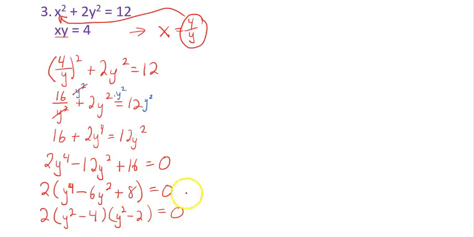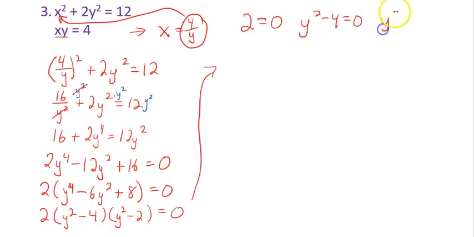Okay, I'm still trying to solve, so I'm going to come up here with my work and have 2, y squared minus 4, y squared minus 2. I can actually set each thing equal to 0. So 2 equal to 0, y squared minus 4 equal to 0, and y squared minus 2 equal to 0. Obviously 2 doesn't equal 0, so you can trash that. That just meant there was a vertical stretch there.